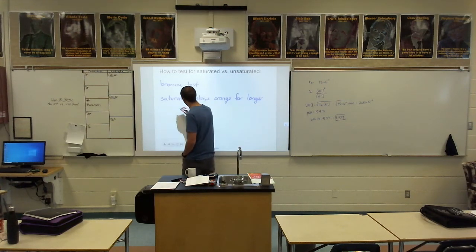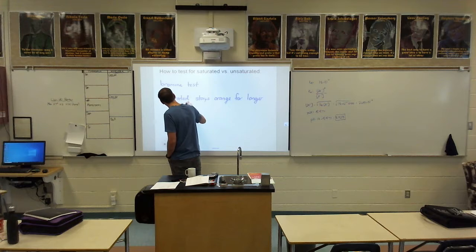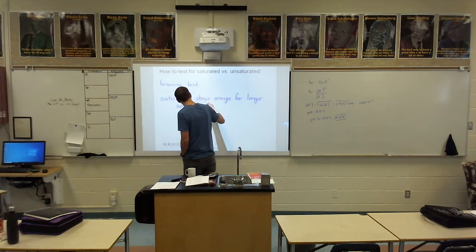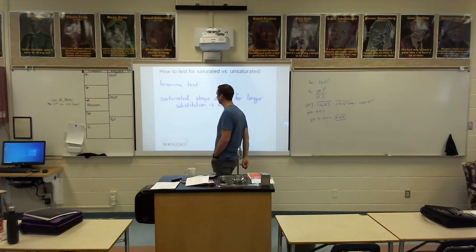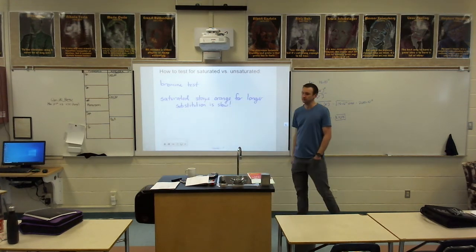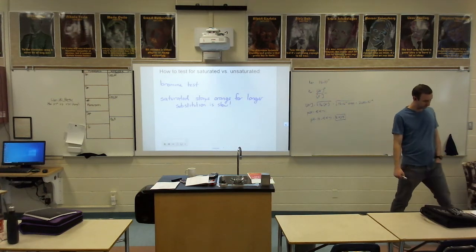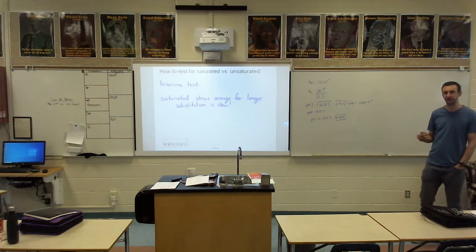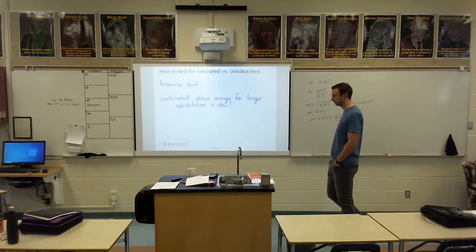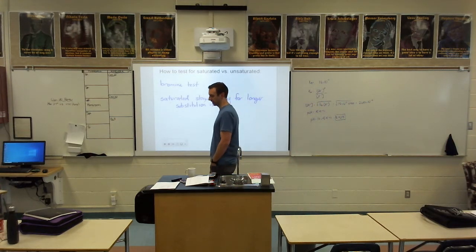And that's because substitution is slow. So saturated stays orange for a long time because substitution is slow. It takes ultraviolet light to occur. So it's not an instant reaction.